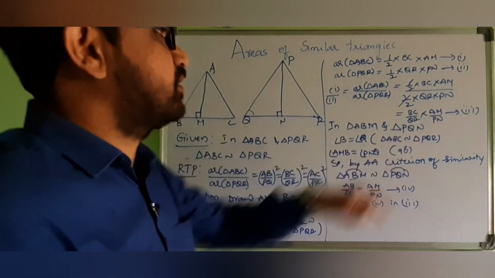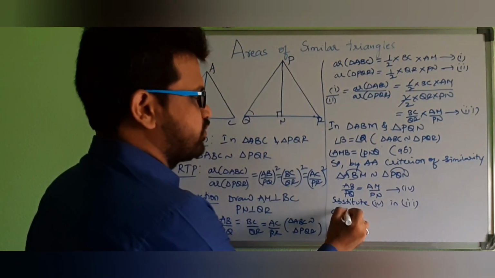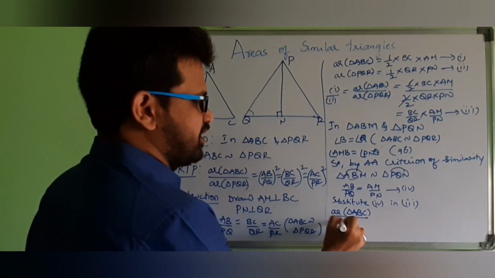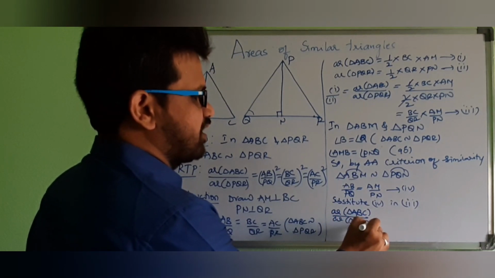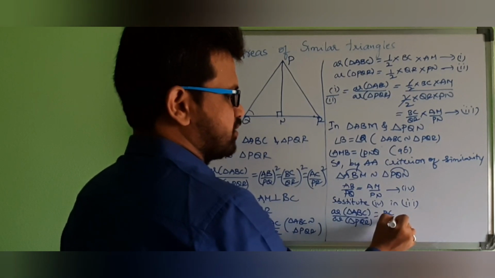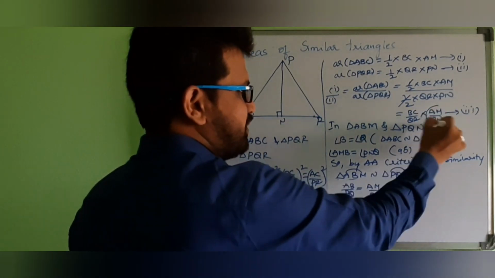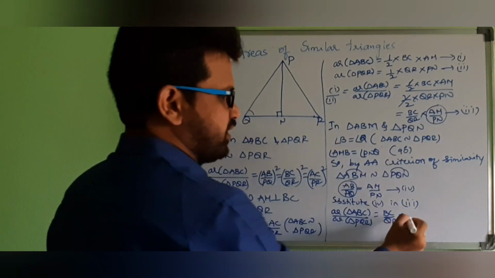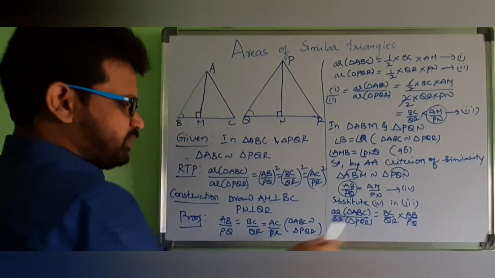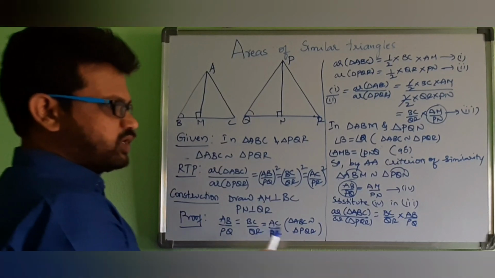If you substitute here, area of triangle ABC divided by area of triangle PQR is equal to BC by QR into AM by PN, and we can substitute AB by PQ. AB by PQ is nothing but BC by QR.